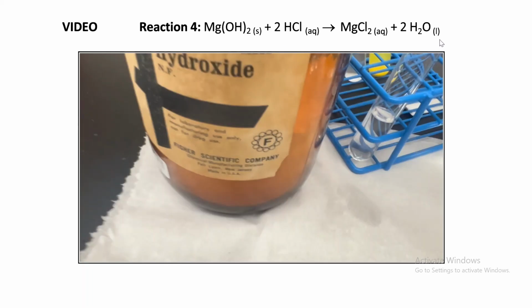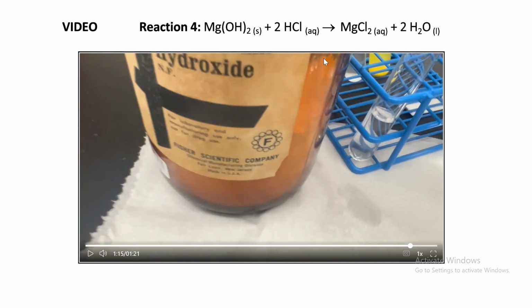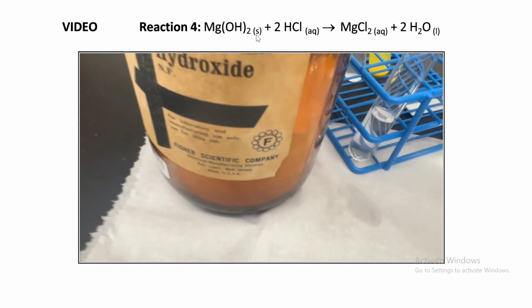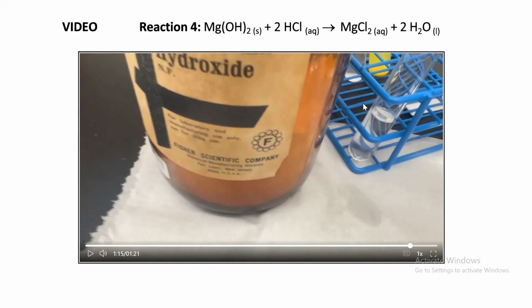Now everything is aqueous, it's dissolved in water. Whenever you mix a solid and something that's aqueous and you get pure liquid, this is still considered a chemical reaction. So you might be wondering, hey, we did not see any bubbles, we did not see any color change, but this is still a chemical reaction.